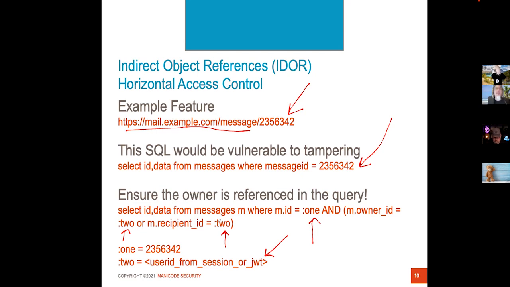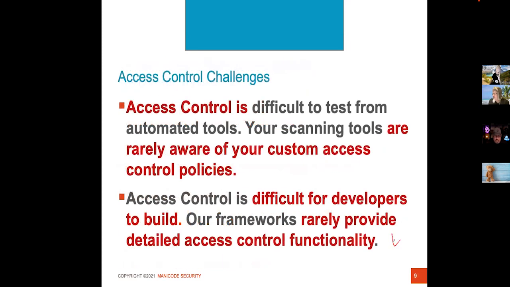And here's the problem. There's a dozen different ways to do this. And there's an infinite number of special rules that you're going to have to deal with when you're building access control systems. So that's the double-edged sword here. My scanners don't help me, and dealing with complicated access control rules is something we often have to do by hand.